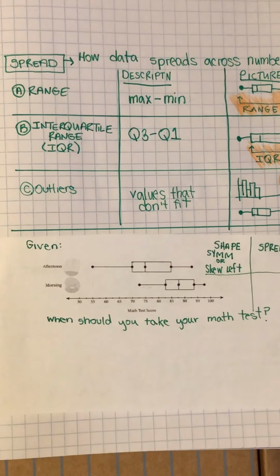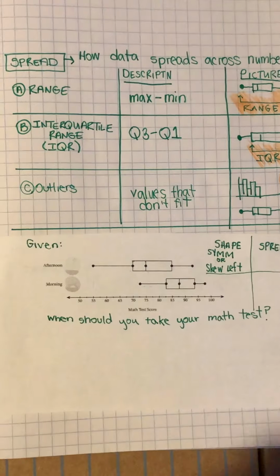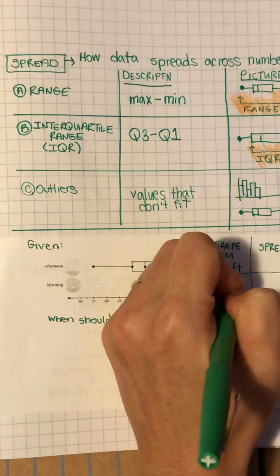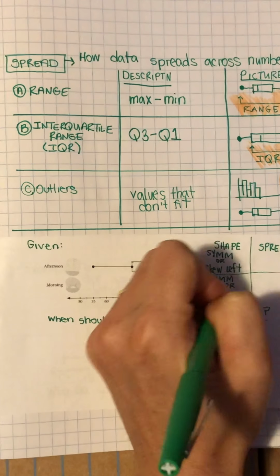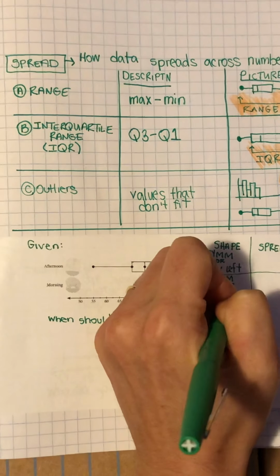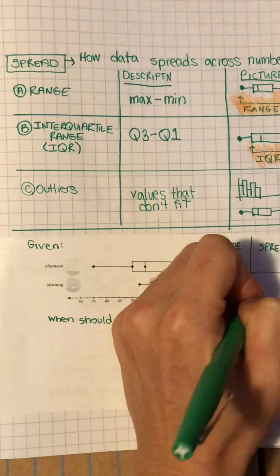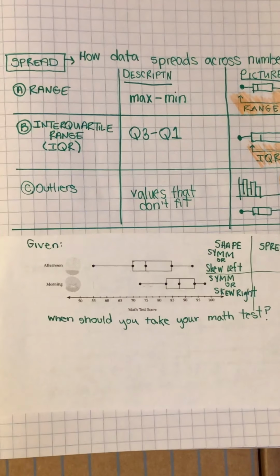So I guess I would call it symmetrical or I'd skew it right. And these can be arguments. So as long as you're using vocabulary and talking about shape and spread, you make a good argument, unless your analysis is something that's not true.